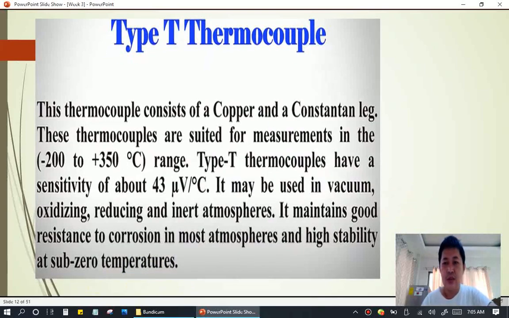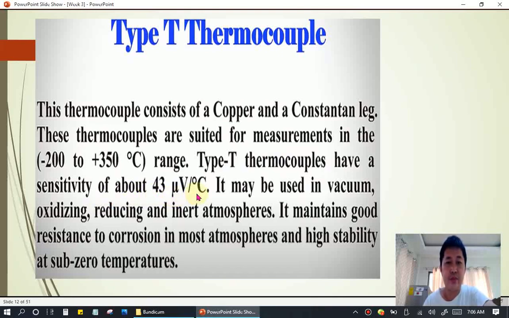So we have also type T thermocouple. So this thermocouple consists of a copper and a constantan leg. So these thermocouples are suited for measurements in the minus 200 to plus 350 degrees Celsius range. So type T thermocouples have a sensitivity of about 43 microvolts over degrees Celsius.